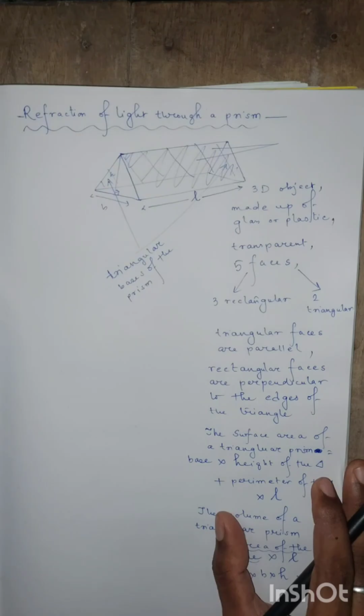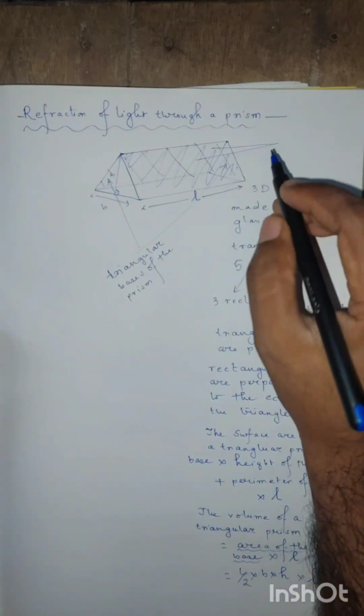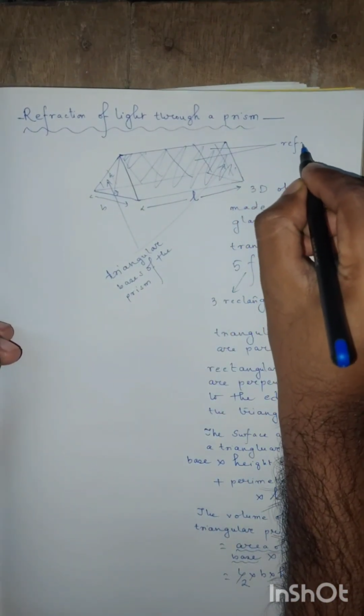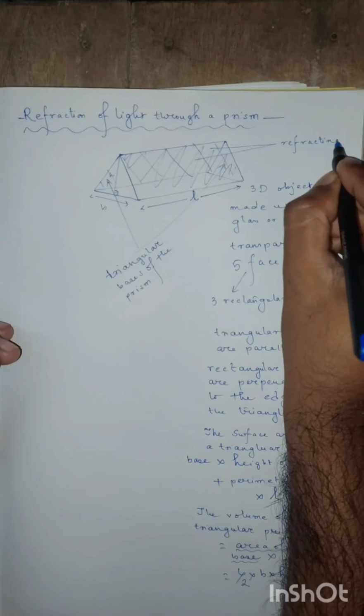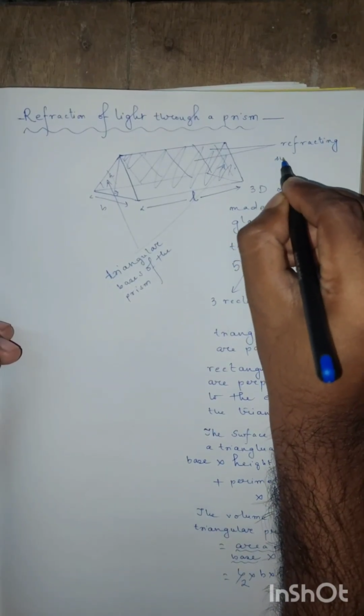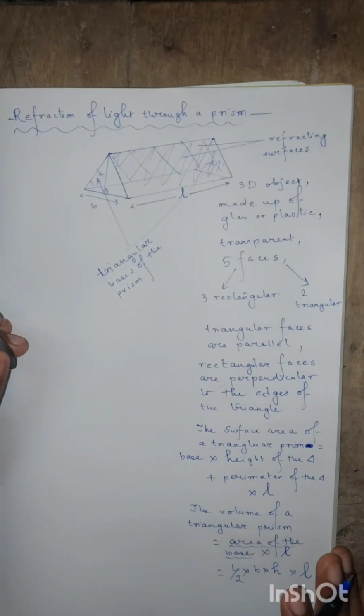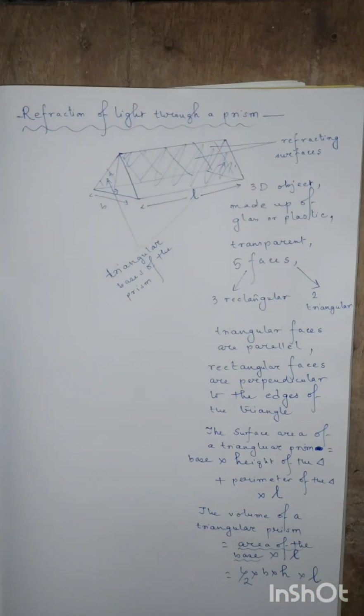These two surfaces are called refracting surfaces. So we have discussed two triangular surfaces and two slant surfaces.